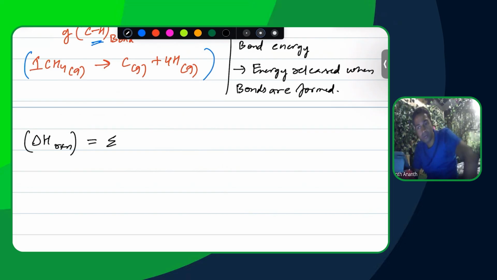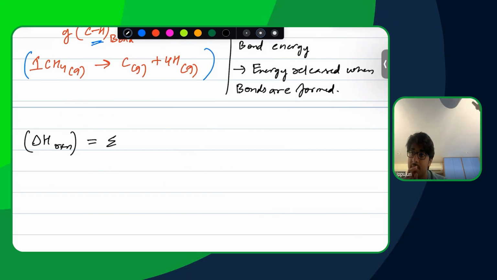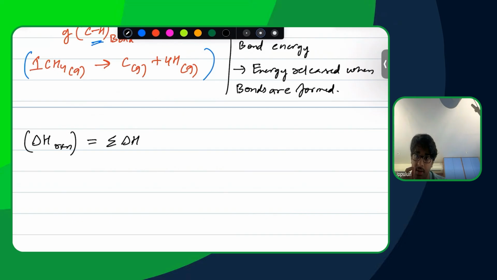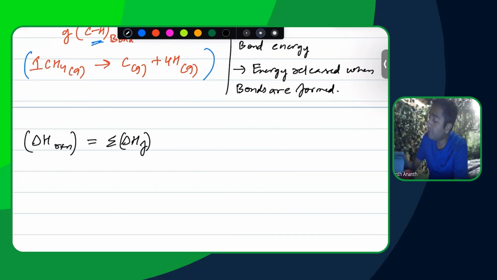Sigma of what? Enthalpy of formation is defined for what? Products or for reactants? Products. So this will become sigma products minus sigma reactants.